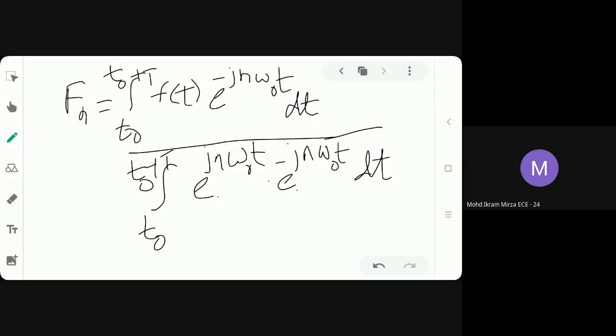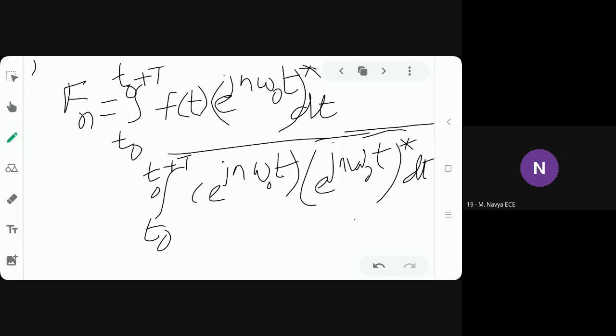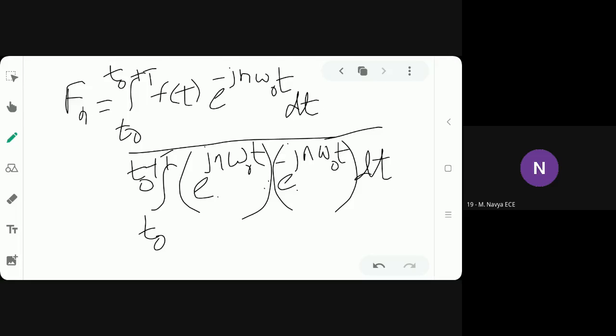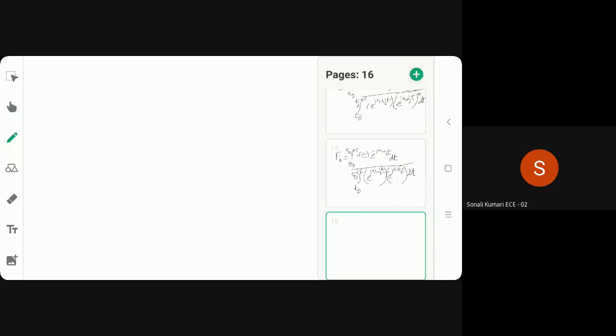What happens when you multiply e power j n omega naught t into e power minus j n omega naught t? The product will be 1. The conjugate of e power j n omega naught t is e power minus j n omega naught t. Now what is in the denominator? e power j n omega naught t and its conjugate e power minus j n omega naught t. The product of these two terms in the denominator will become 1. Right? Okay, very good.